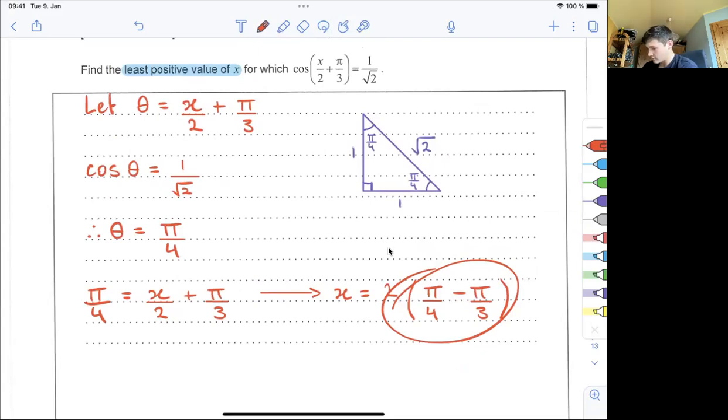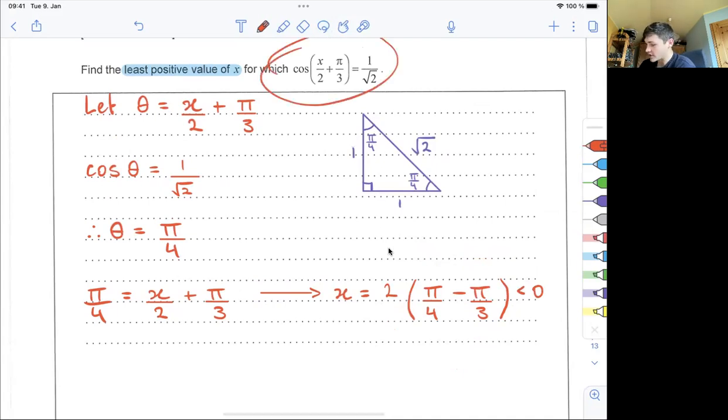So theta being equal to pi over 4 isn't valid. It would satisfy this equation, but it would give us a negative value of x, which doesn't answer the question because we need the least positive value of x.